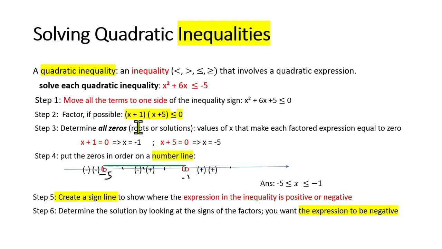Then the first term, minus 3 plus 1, is negative, and minus 3 plus 5, that's plus 2, a positive, so the second term is positive.